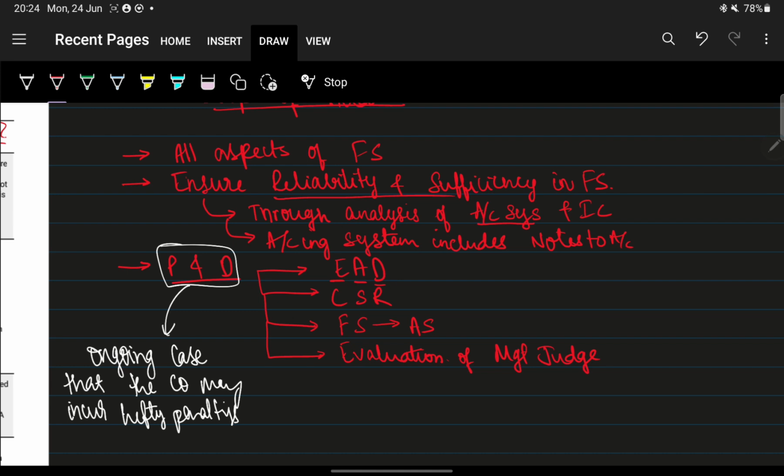Okay, and secondly, the accounting system, right? Analysis of the accounting system and the notes to accounts. So these are also part of the scope of audit.